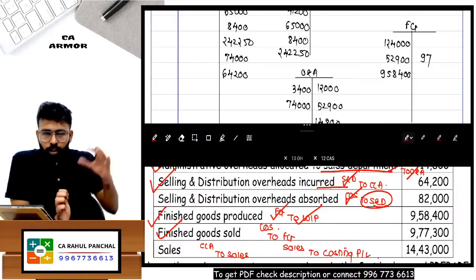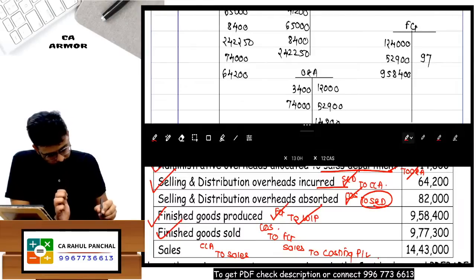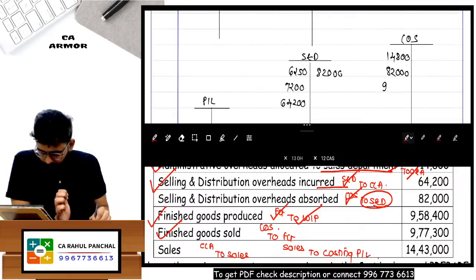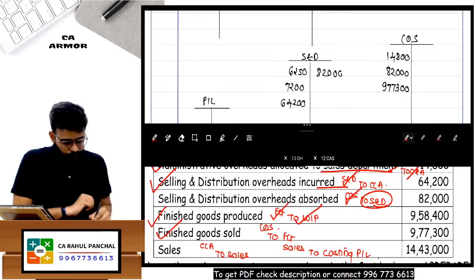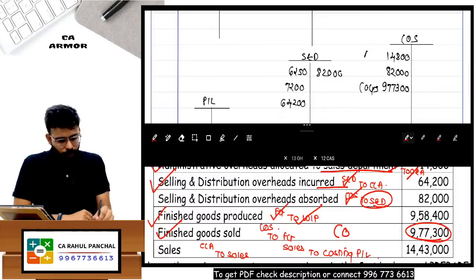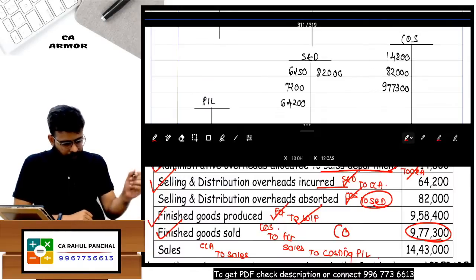From finished goods it goes to the cost of sales account, 9,77,300. It will be added to your cost of sales account. This is your COGS which is appearing. To that you will add your office, and to that you will add your selling and distribution. We'll see that.